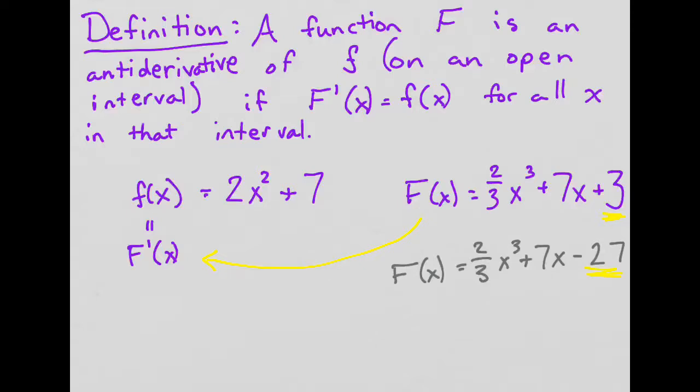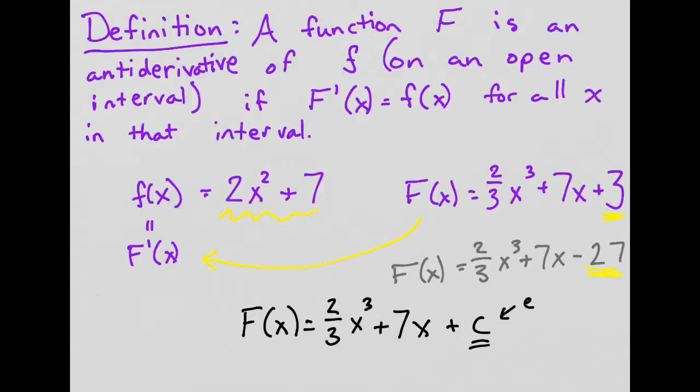And so if you are looking for the antiderivative of little f of x, then you cannot find the antiderivative. What you can find is the class of antiderivatives. And so in reality, what we would want is the class of antiderivatives, 2/3 x cubed plus 7x plus c, where c is any constant or every constant.